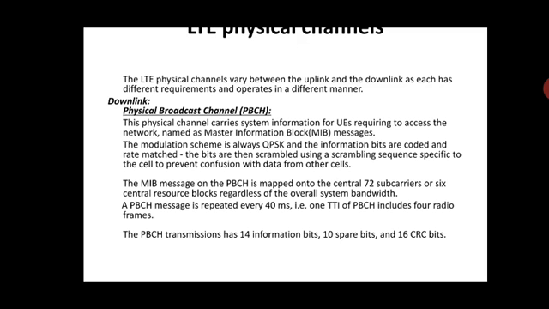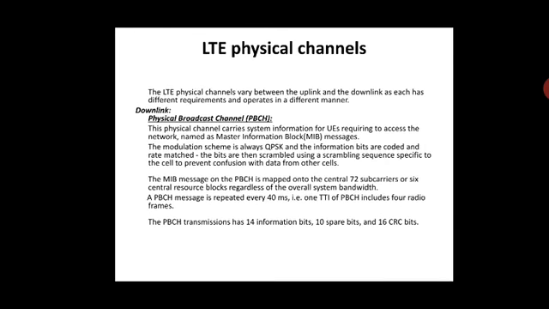The broadcast channel carries this information, and the modulation scheme used is QPSK, with coding and rate matching. The bits are scrambled using a scrambling sequence specific to the cell to prevent confusion with data from other cells.